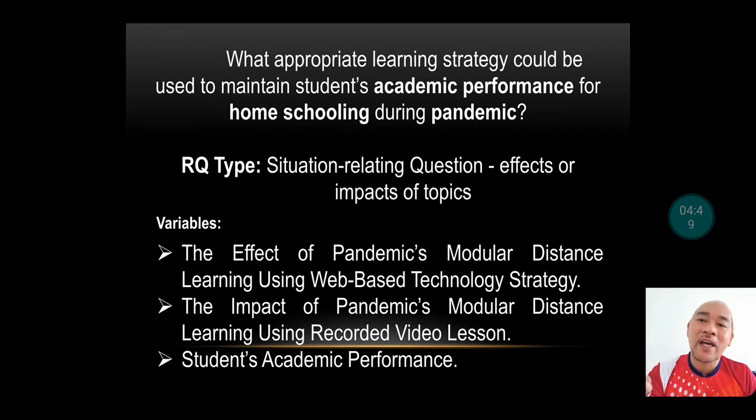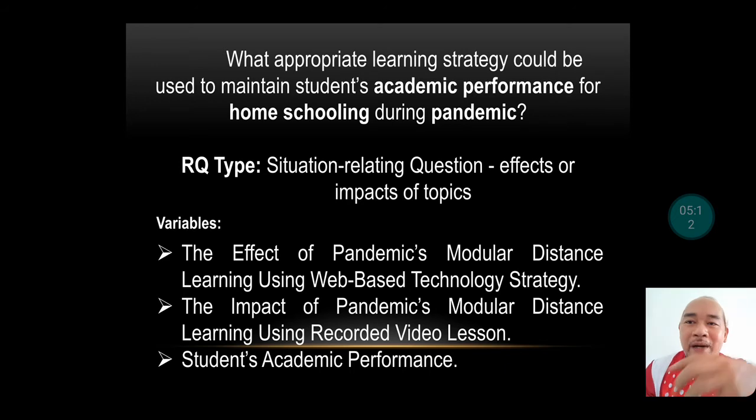It is clear in this question that the IV we can get is the effect of the modular distance learning, or the impact. And then the second is the DV, or the dependent variable, the student academic performance. So, looking into this, let's make the title.